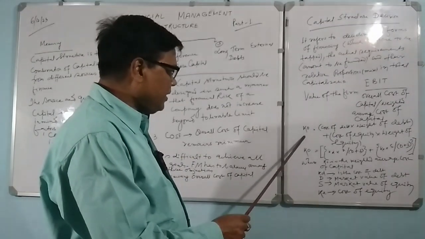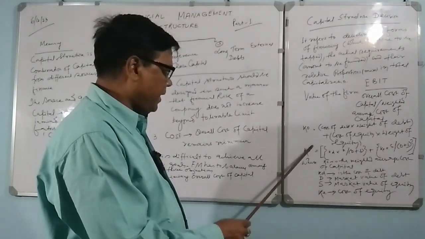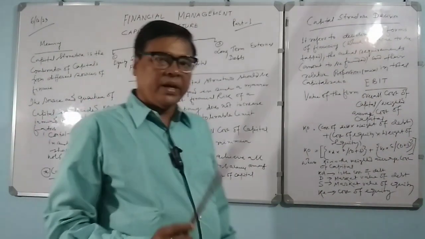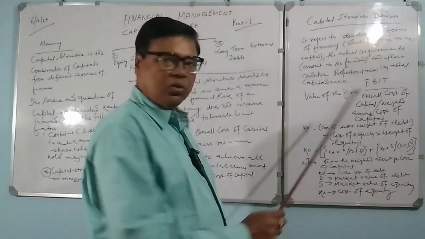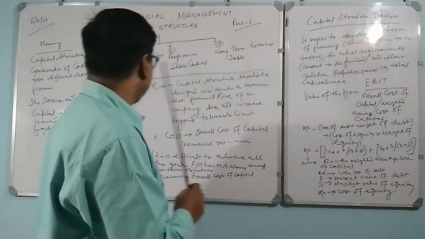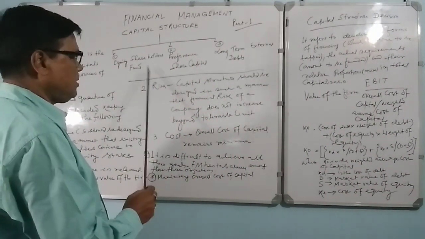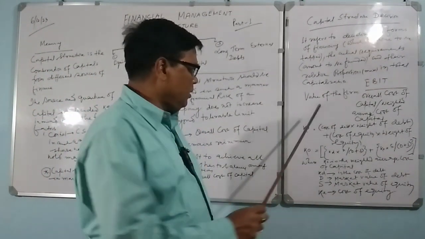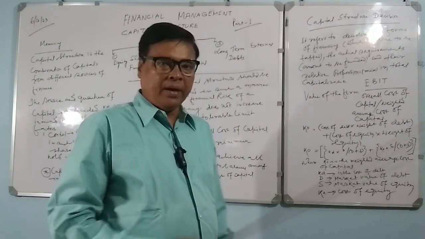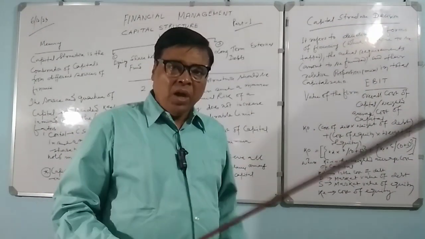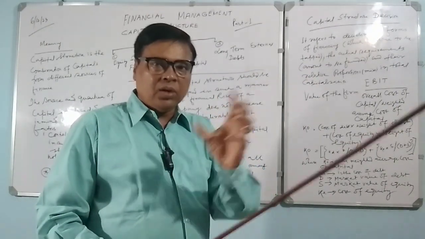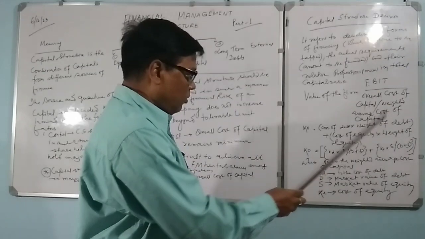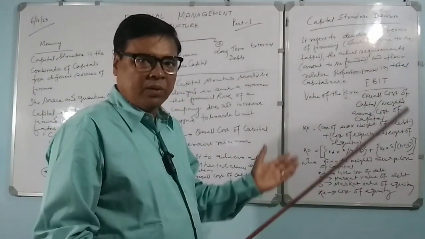So here the overall cost of capital, KO, equals cost of debt into weight of debt. Always you have to take the weight, otherwise your total cost will not come. To take an example, if your equity is 60% and your term loan and external debt is 10%, and you do not give the weight, the real picture will not come unless you take into consideration the weights.